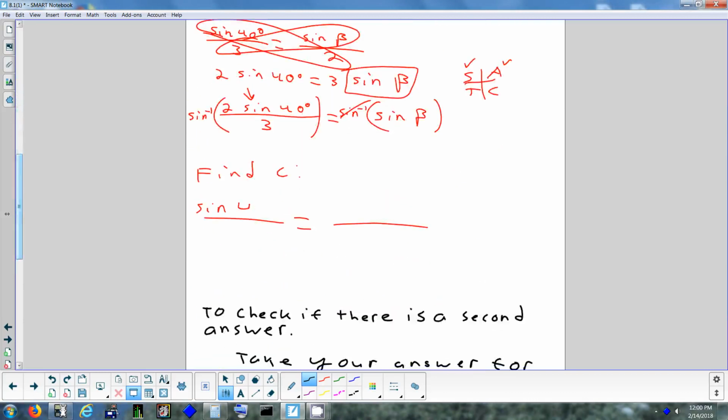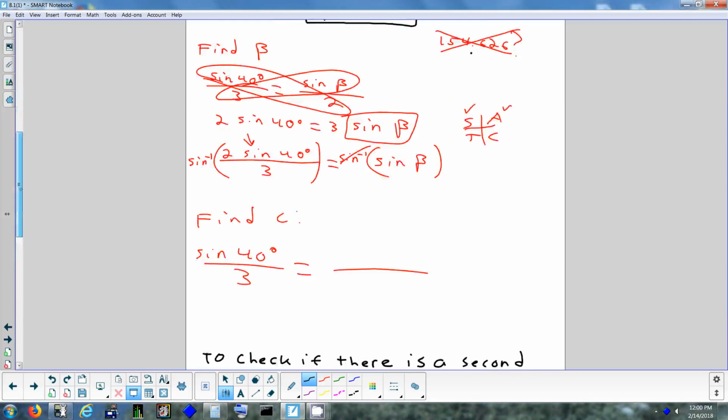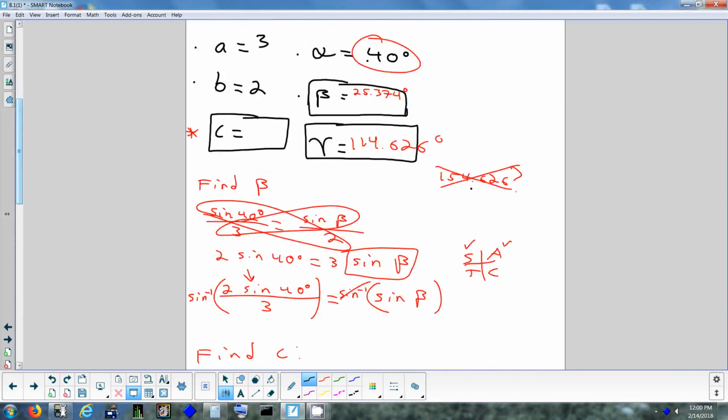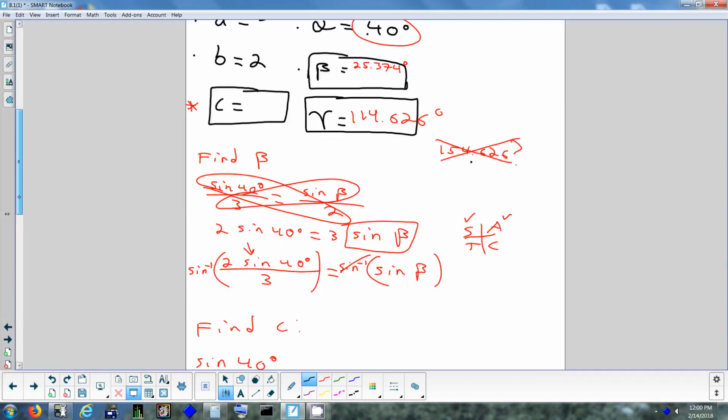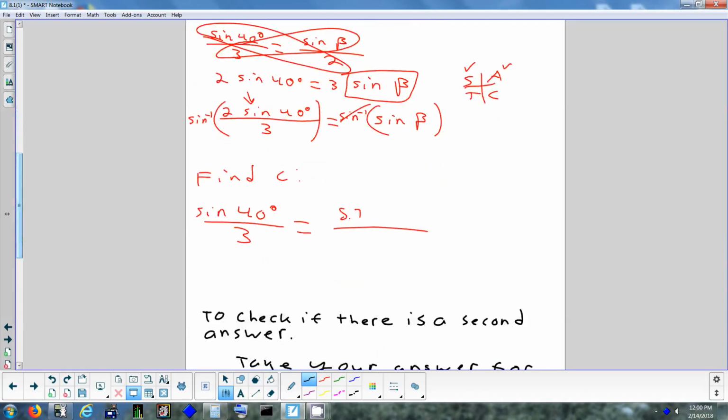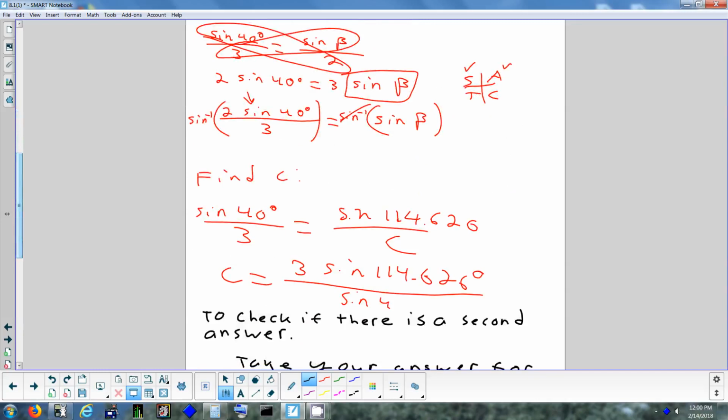Sine 40 over 3. And how would I set up the right-hand side if I'm using row C? Sine 114.626 over C. Cross multiply, and you will get 3 sine 114 over sine 40.